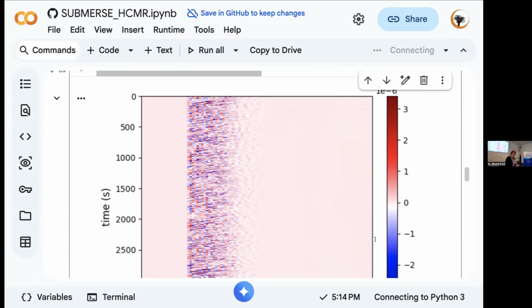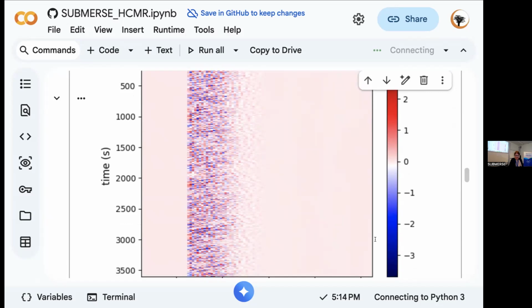These are the plots that people are looking at, where we have red and blue interchanging in the data and the strain. Again, I forgot to say that the data that I was looking at, you may have seen it in the labels, is actually nanostrain per second. So it's strain rate.